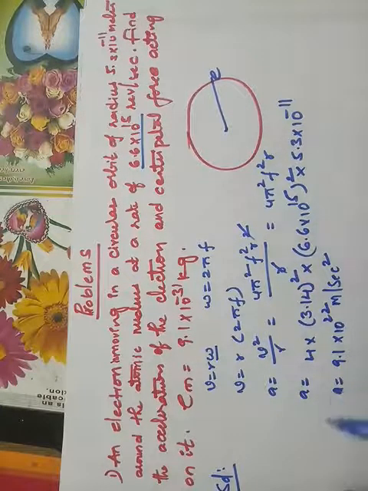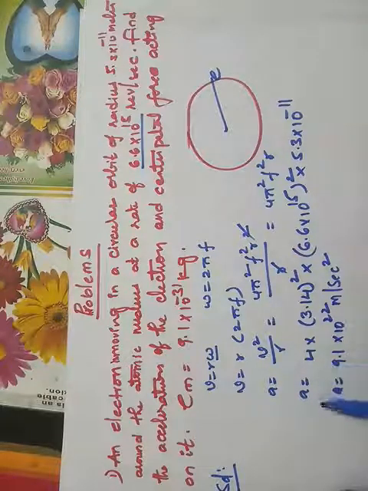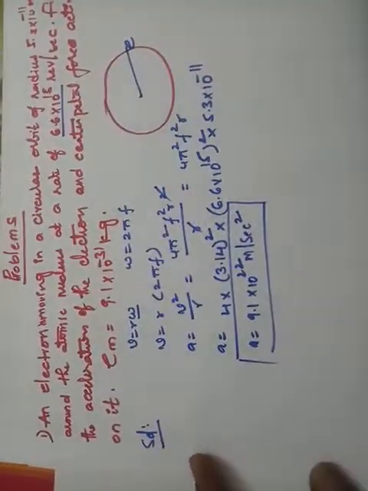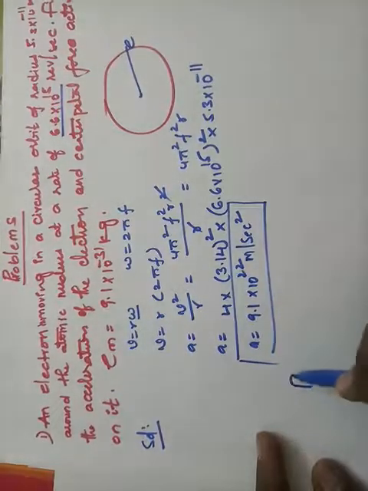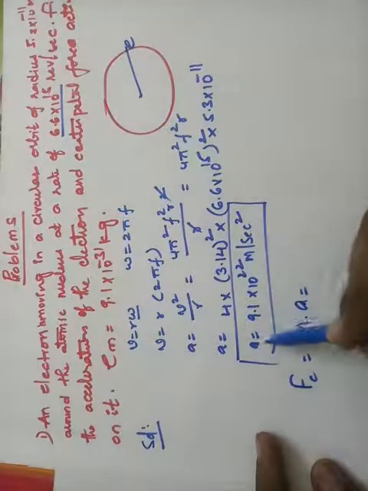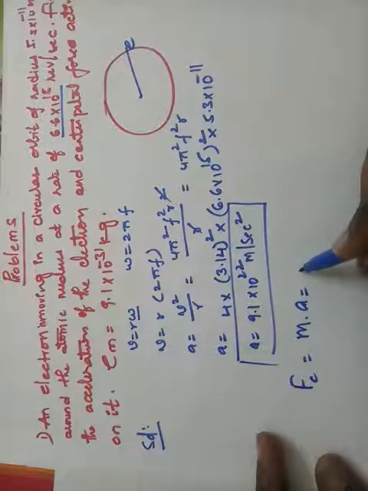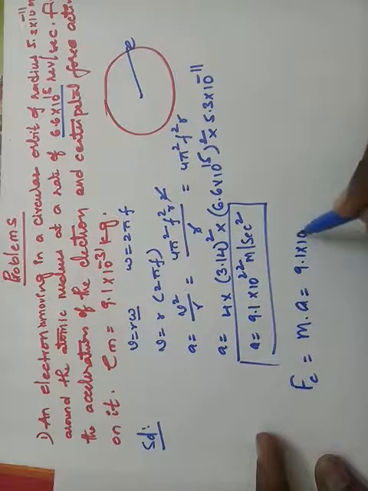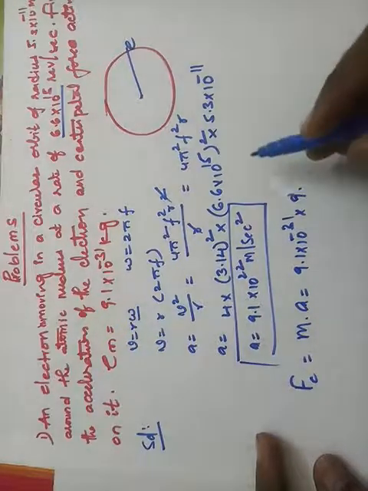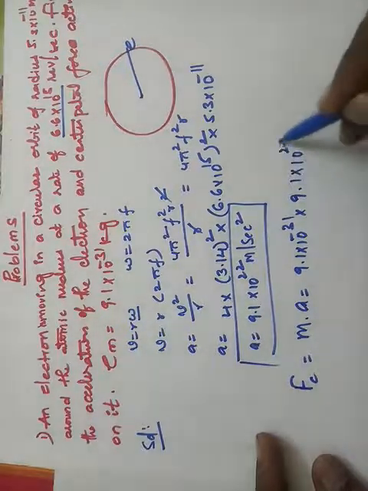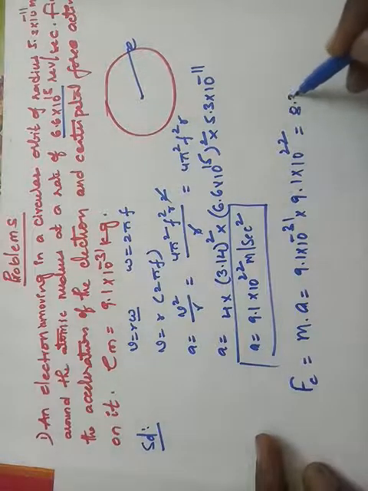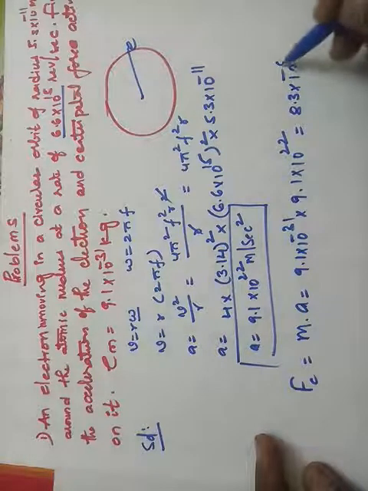Now the centripetal force. This is the acceleration of the electron revolving around the nucleus, and the centripetal force Fc can be written as m into A. The mass of the electron is 9.1 into 10 to the power of minus 31 kg, into the acceleration 9.1 into 10 to the power of 22, and after solving this we get 8.3 into 10 to the power of minus 8 newtons.